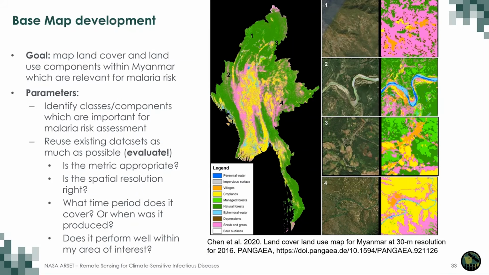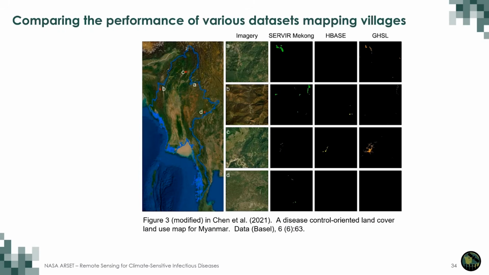And then the key component also, even if the metric is appropriate and the spatial resolution is good and the time period, the question remains, does it work well within my area? There are a lot of data sets available. Many of these data sets are global in scope.